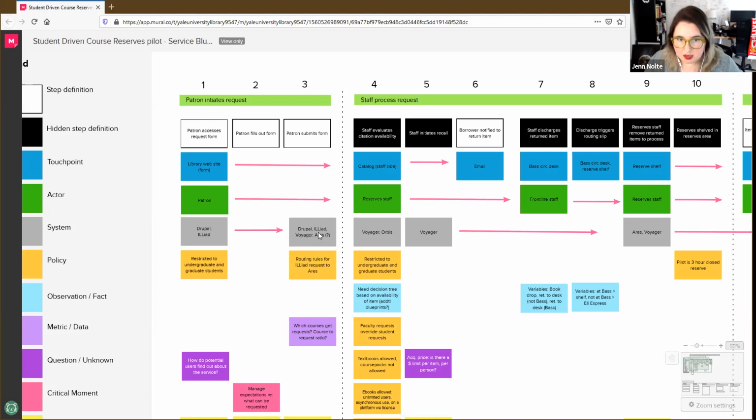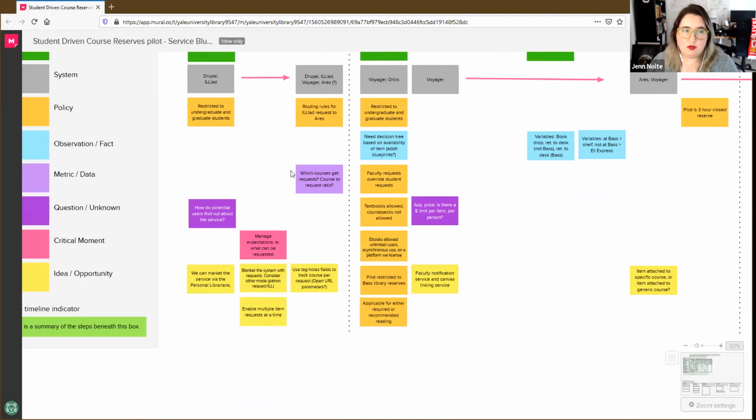And possibly Voyager and Aries come into play when we get to the 3rd step, where the patron submits the form. And already we've got policies showing up. The requests are restricted to undergraduate and graduate students. And then there are routing rules for the Iliad requests going to Aries.